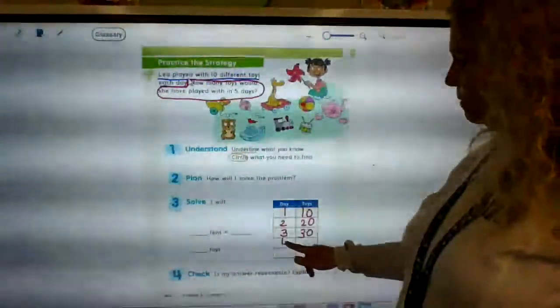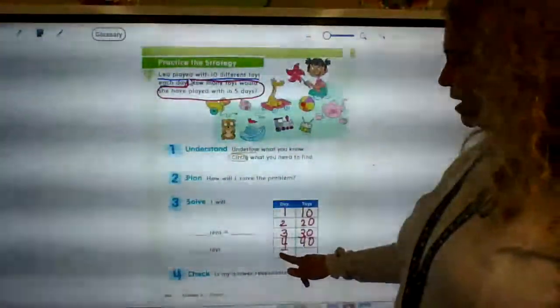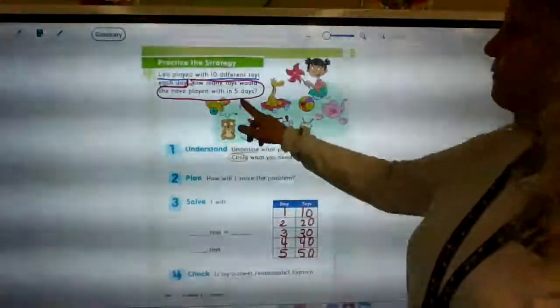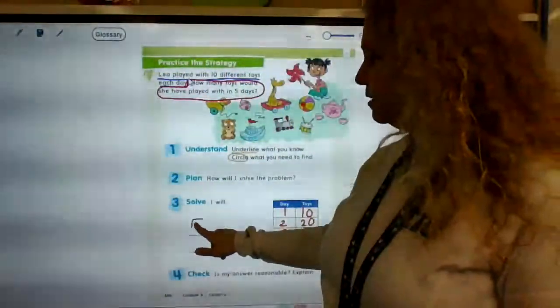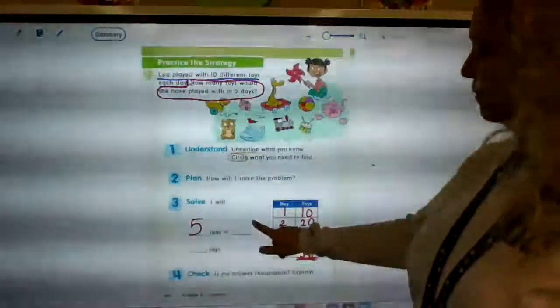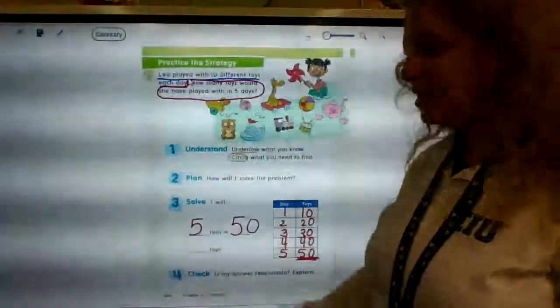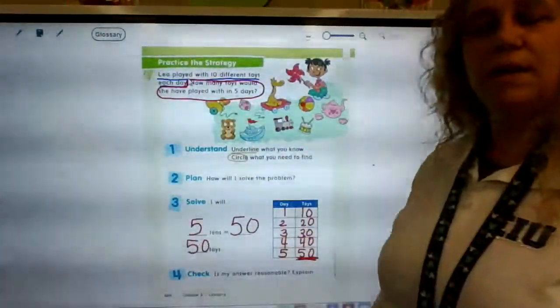Day 4, 40. And day 5, 50. So she has 5 tens, because 5 days of 10. 5 tens equals 50. So after 5 days, she has played with 50 different toys.